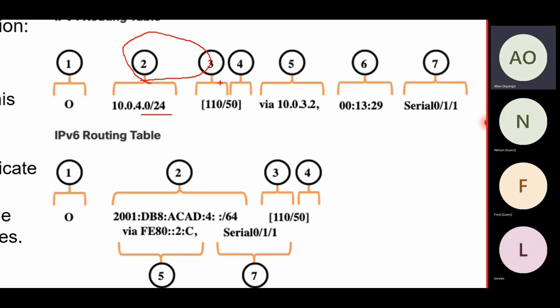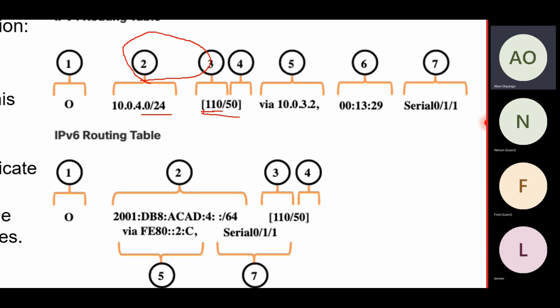Then column number 3 and 4, they'll always be in a square bracket and separated using a forward slash. There will be 2 numbers inside there. The first number is called an AD, administrative distance.